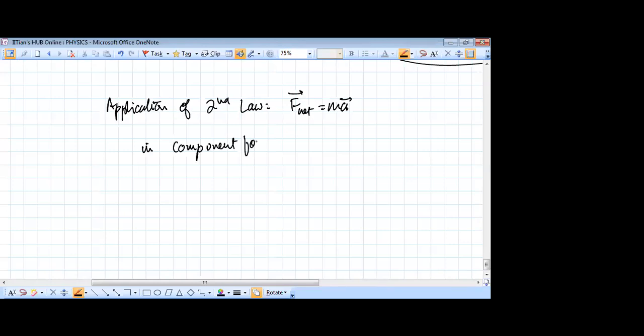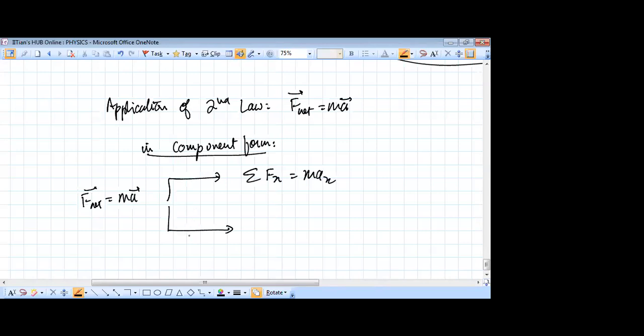So in component form, when we write this equation, net force is equal to mass into acceleration, along the x-axis it becomes summation of Fx equal to mass into x component of acceleration. And along the y-axis, it should become summation of Fy is equal to m into ay.